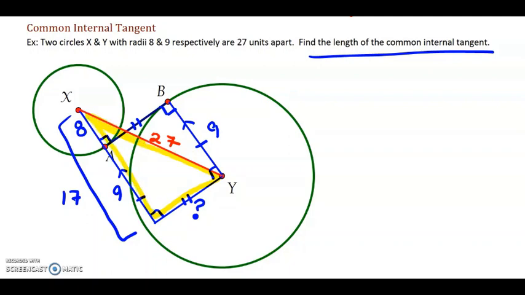Now I'm just going to use the Pythagorean theorem to solve the right triangle. So I have the unknown length squared plus the leg 17 squared equal to 27 squared.